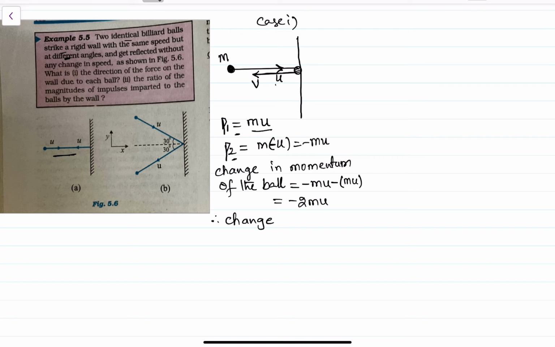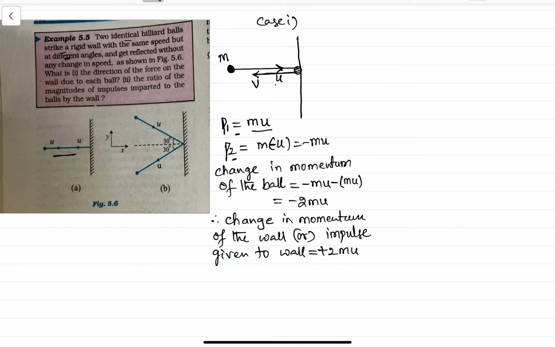If the change in momentum of the ball is equal to minus 2mu, then the change in momentum, or impulse given to the wall, is equal and opposite in direction. Impulse given to the wall will become plus 2mu, because this is the direction of force exerted by the ball on the wall.